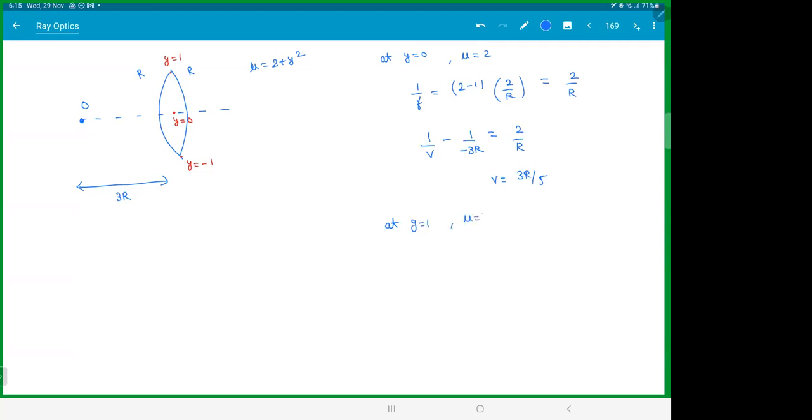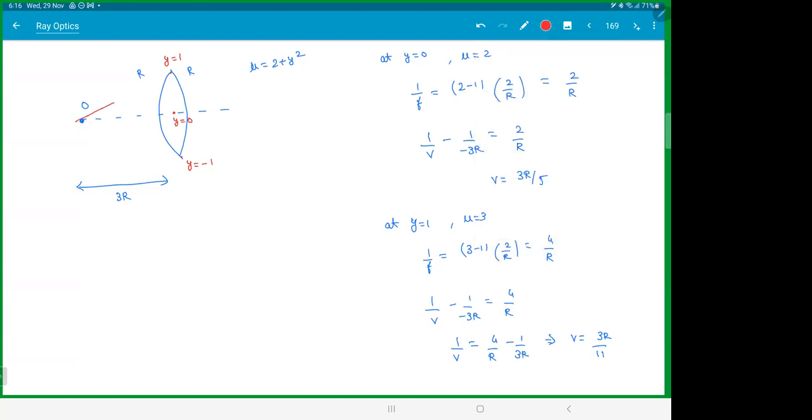At y is equal to 1, mu is equal to 3. 1 by focal length is 3 minus 1 times 2 by r, so 4 by r. So this guy will form an image at, I don't think you'll get a good number, v is equal to 3r by 11.